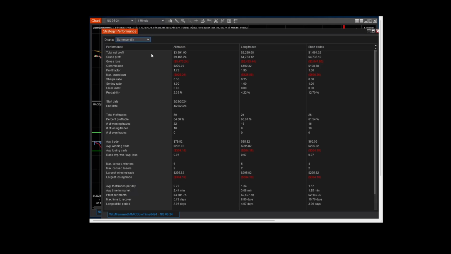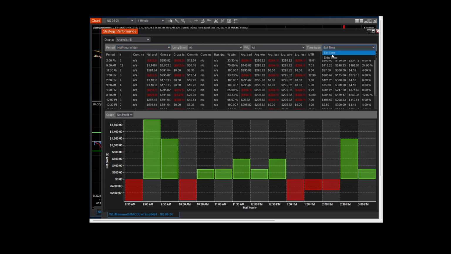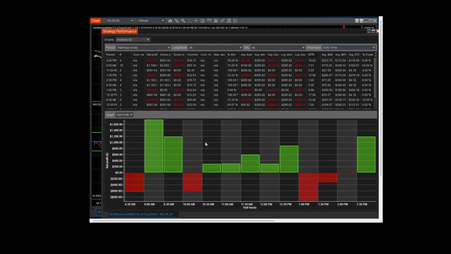Then you can do analysis and go to half hour of the day. If you switch to entry time, you can determine, let's say, you want to start trading at 9, not 8:30.